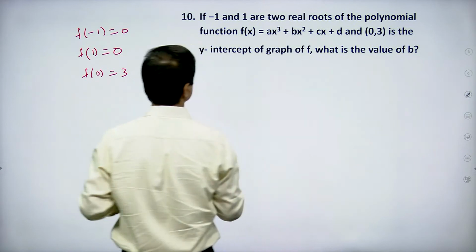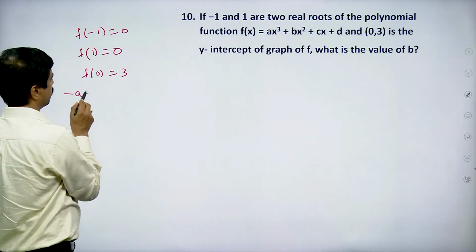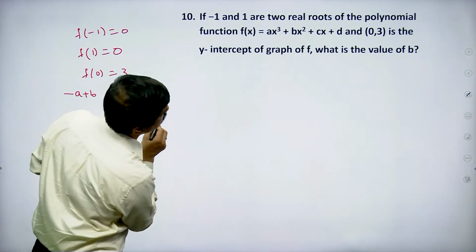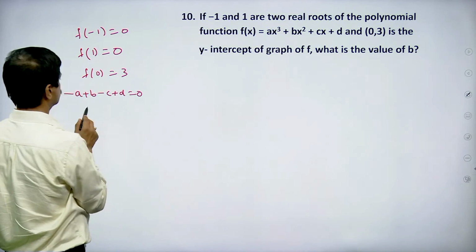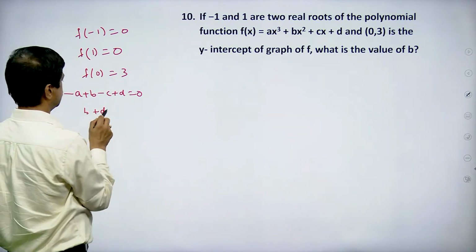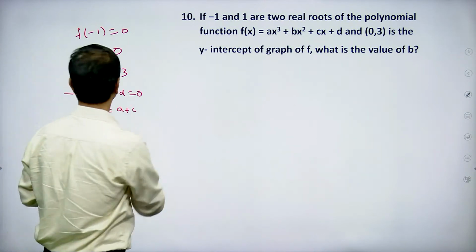So now, what is f of minus 1? Minus a plus b minus c plus d equal to 0. So b plus d equal to a plus c, or we will keep it as it is.